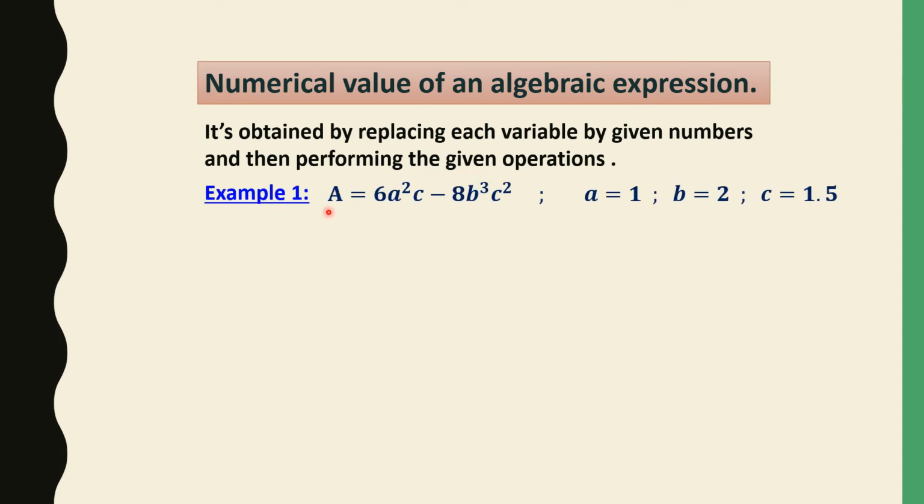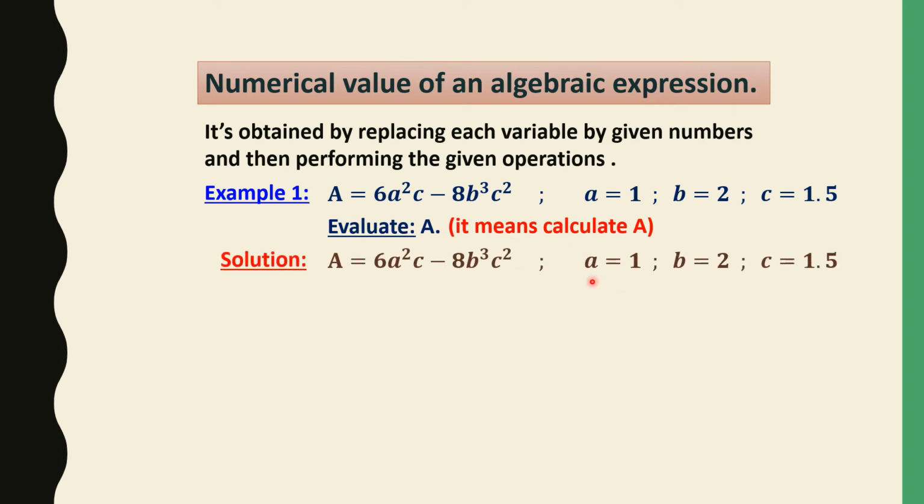Example 1, we have this algebraic expression, and to calculate the value of this algebraic expression, we replace each variable by its value, then we perform the operations given. Question, evaluate A, it means calculate A. Solution, first we copy this expression with the given values of the variables. Now let's replace each variable by its value.